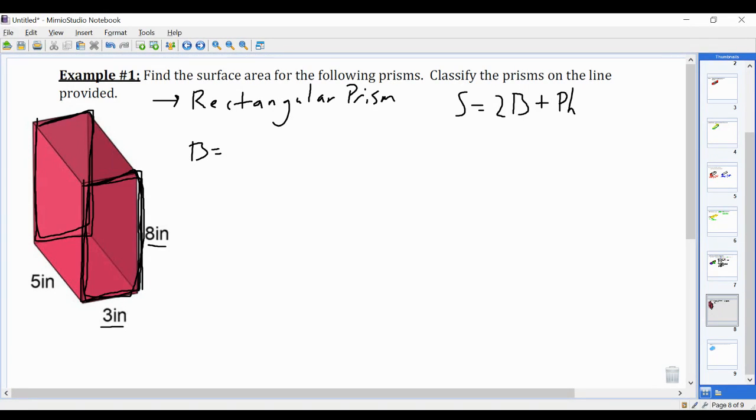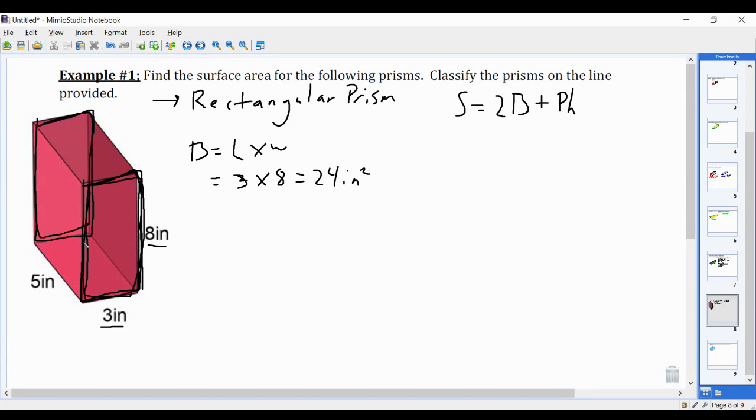So the base area is equal to the length times the width, which for this is equal to 3 times 8, which gives us a base area of 24. In this case, it's inches squared. 24 inches squared. All right, so there's our base. That's one of the things we needed.